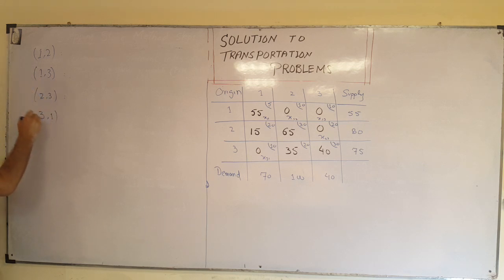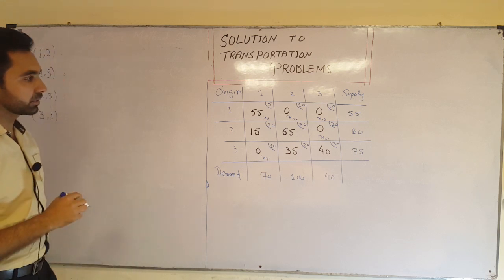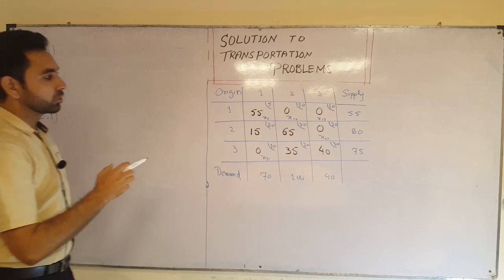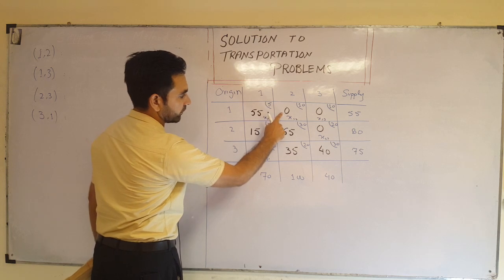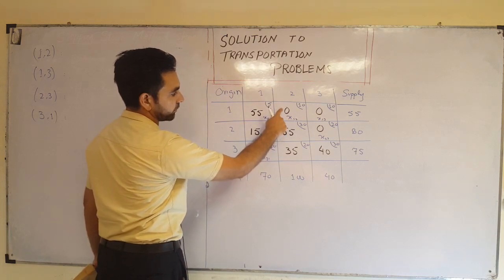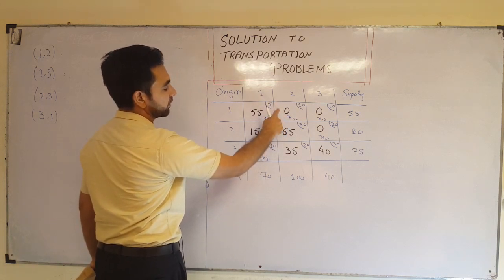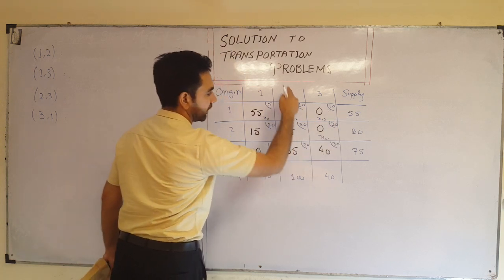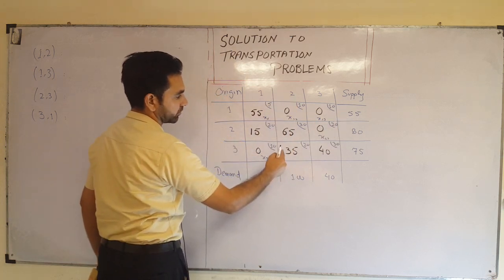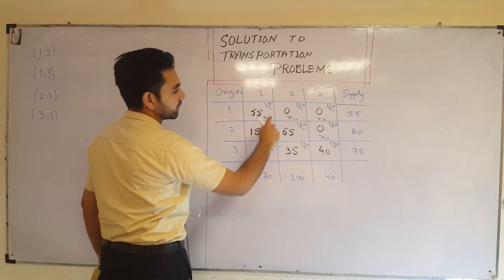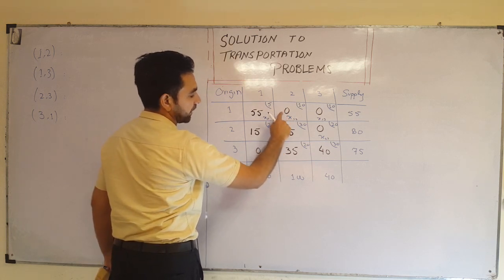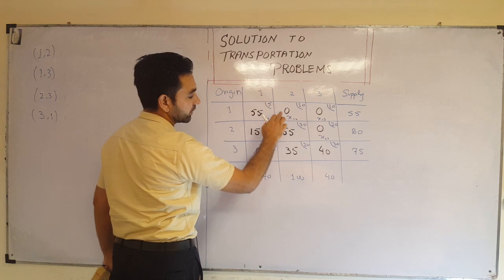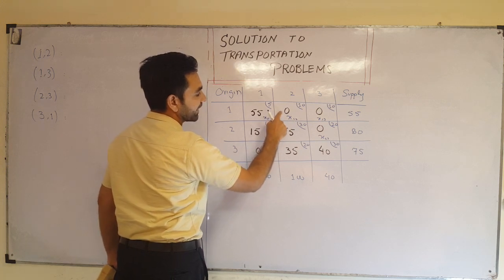Now how do we find the index? You have to find a closed loop. You start from the cell and go in horizontal and vertical lines, and the loop has to have only one 0.